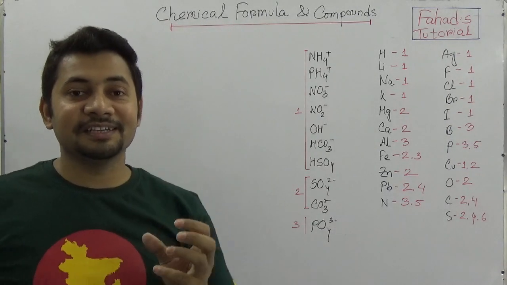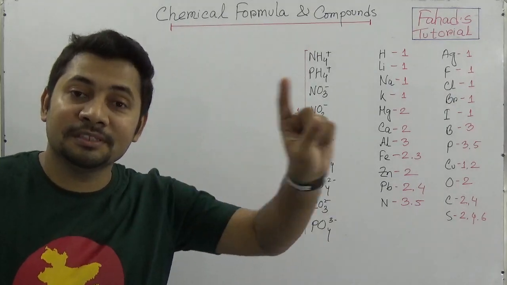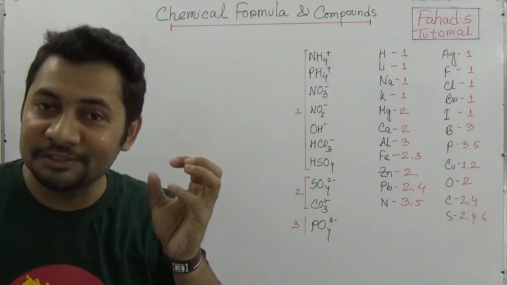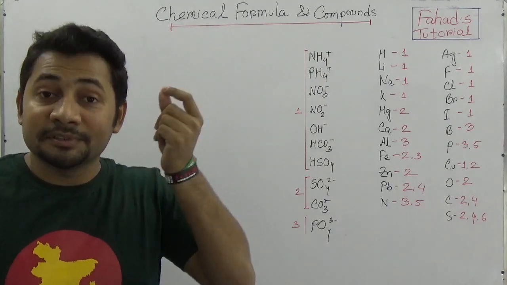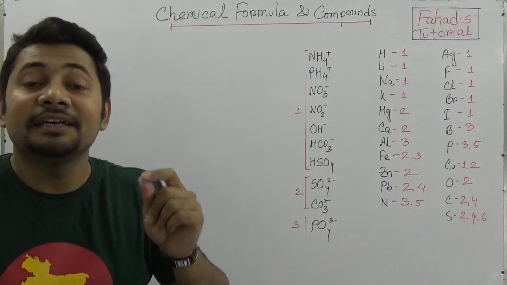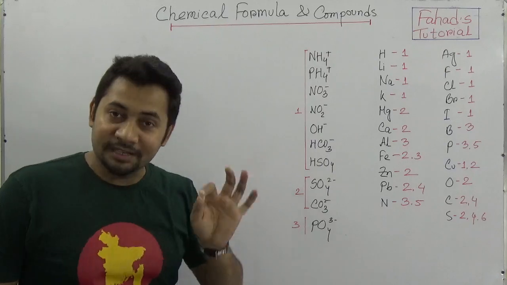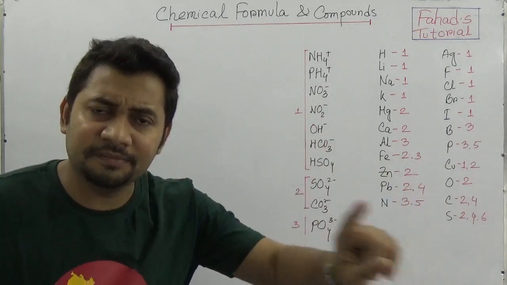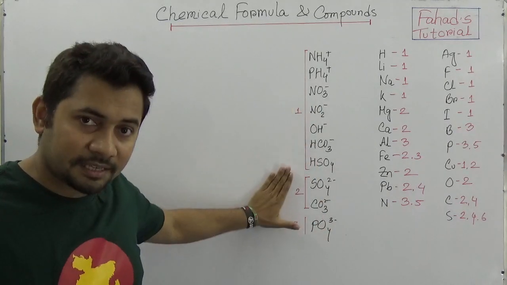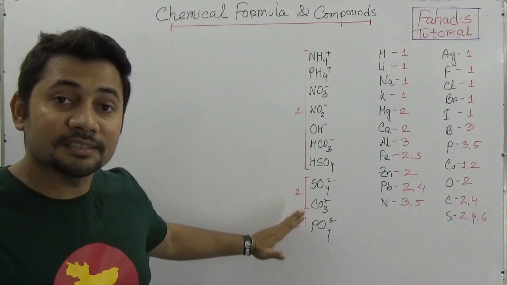A radical is a bundle of atoms from one or more elements combined together that possesses a charge, positive or negative, and acts like an ion. These are called radicals. I uploaded previous videos where I explained the radicals, and I said the same thing here: this valency is 1, this is 2, and this is 3.